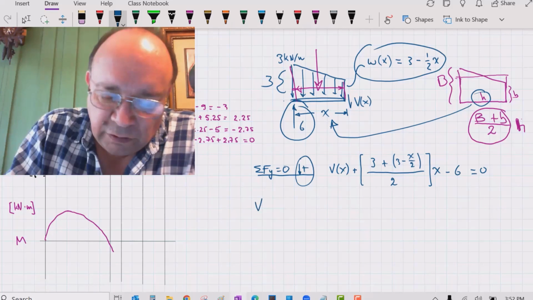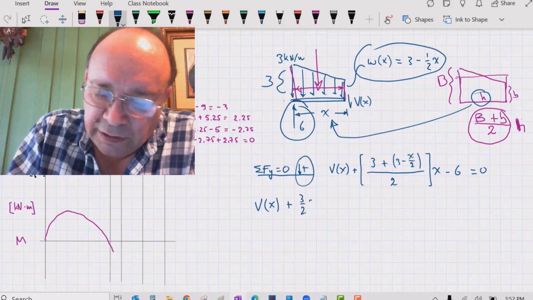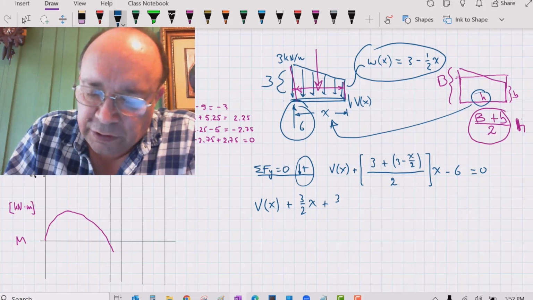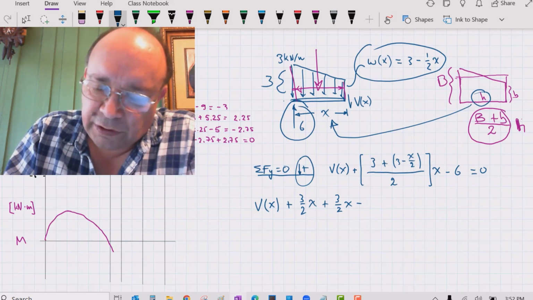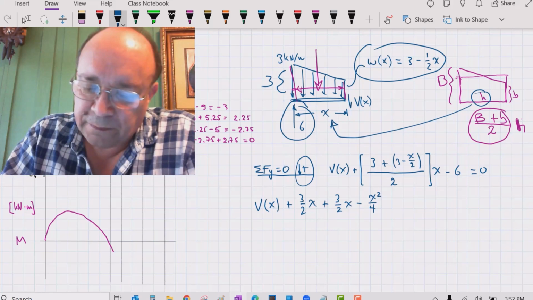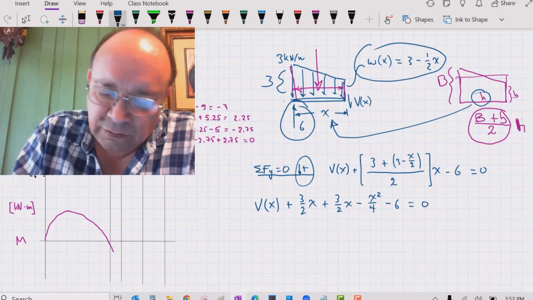So our equation of shear: V of x plus 3 over 2 x plus 3 over 2 x minus x squared over 4, minus 6 equals 0.